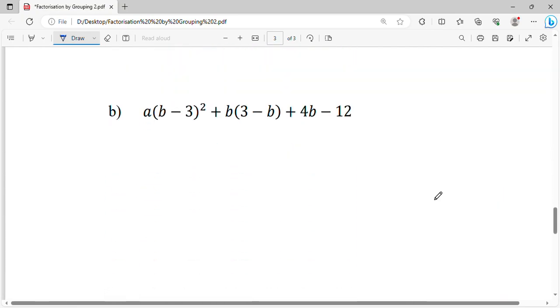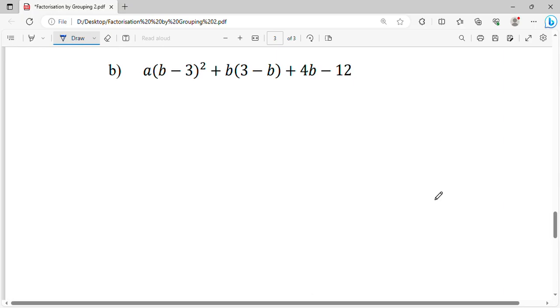Last question. Again, you will see that these types of tricks are there. I have a (b minus 3) here. Here it is reversed. And in this part, there is a common factor. So I am going to group them as follows. So this becomes a(b minus 3) the whole squared.